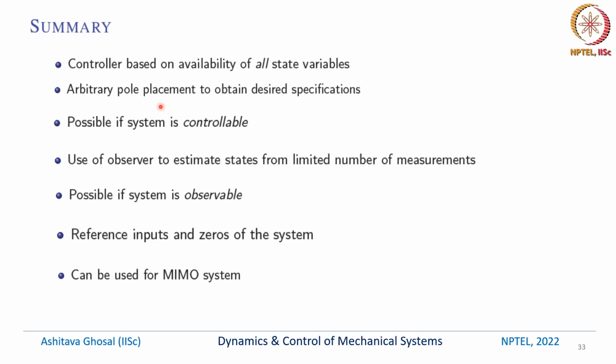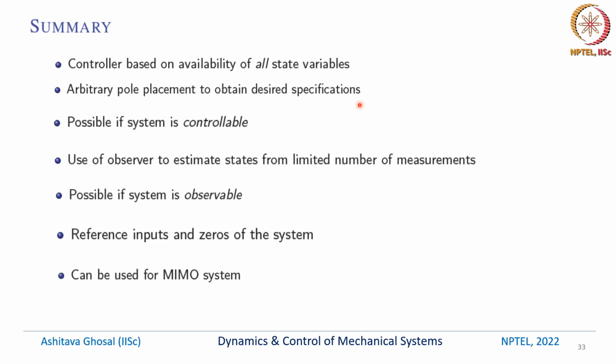So in summary, a controller based on availability of all state variables is very easy. We can easily find u equals minus kx, and we can design or choose the k such that it meets the desired closed loop polynomial, just by comparison. We can achieve arbitrary pole placement to obtain desired specifications.